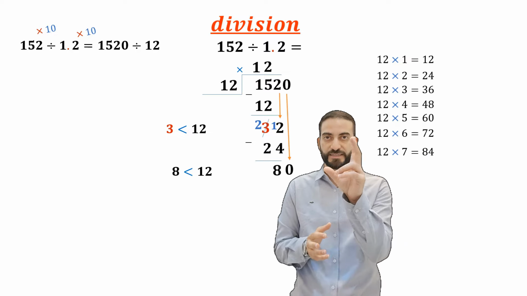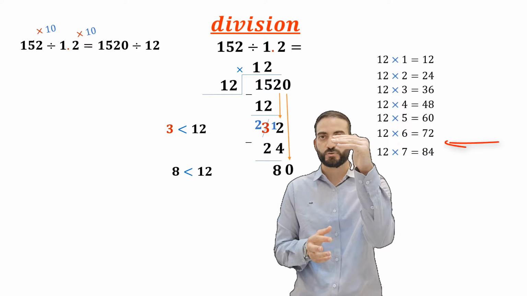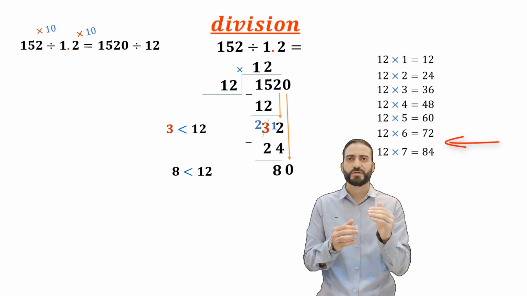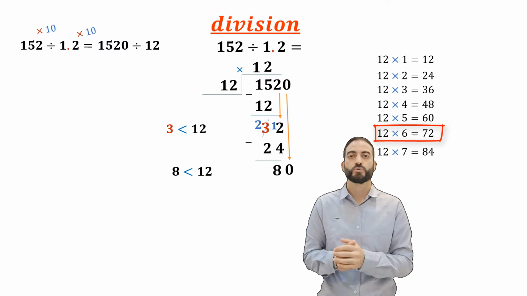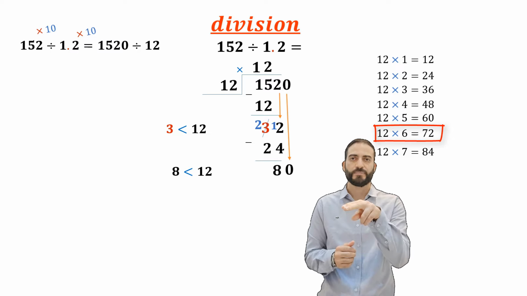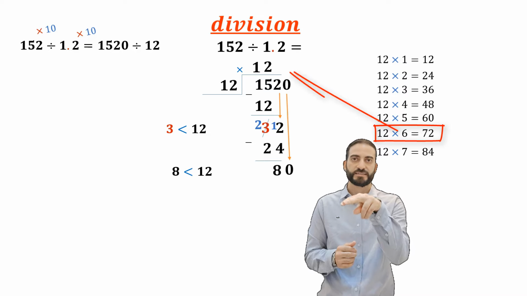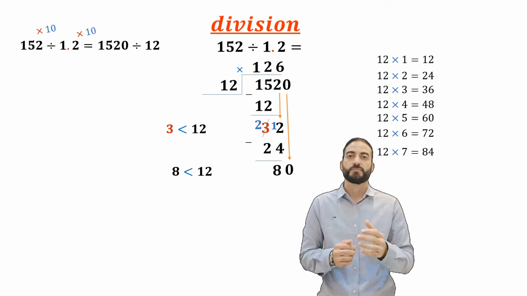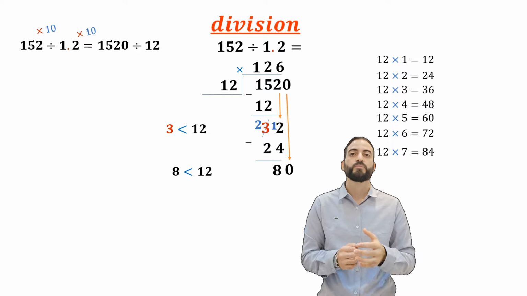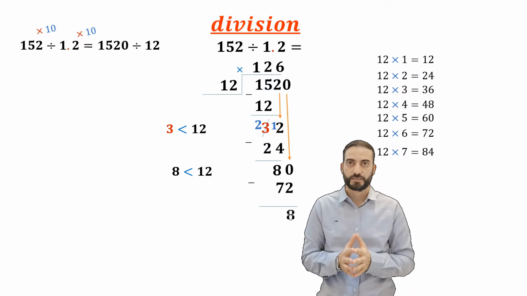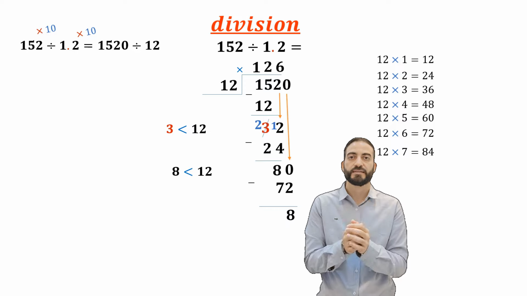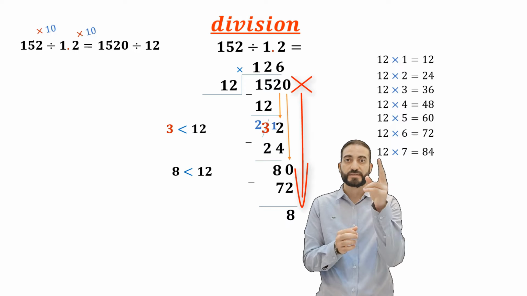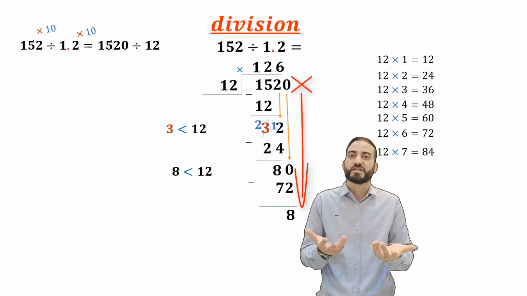We look for 80 here and we find it between 72 and 84. Of course, we take the smallest, so we take 12 times 6 equals 72, and write the multiplied number, the divisor, here, and immediately multiply the 6 by 12 and put the answer here. We immediately do a subtraction to get the answer 8. Since 8 is smaller than 12 and there is no number here, this means that the process is finished.